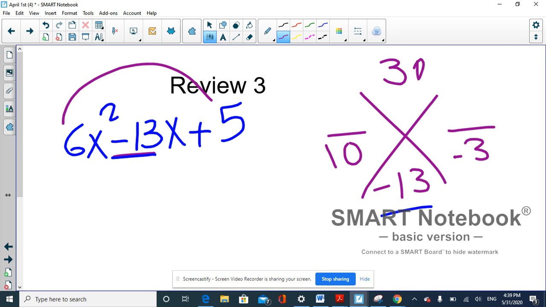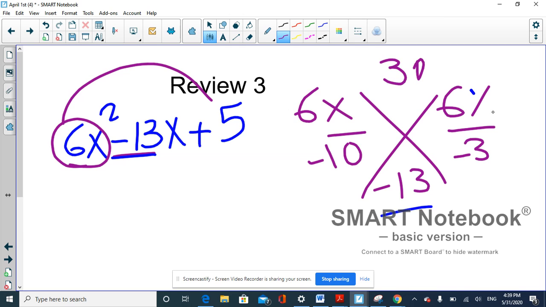That means we will change this sign only. Negative 3 and negative 10 give you negative 13, and if you multiply negative 3 and negative 10, negative times negative is positive. And the variable here is x, but we will put 6x because the first term here is 6x squared. We'll put 6x up here.